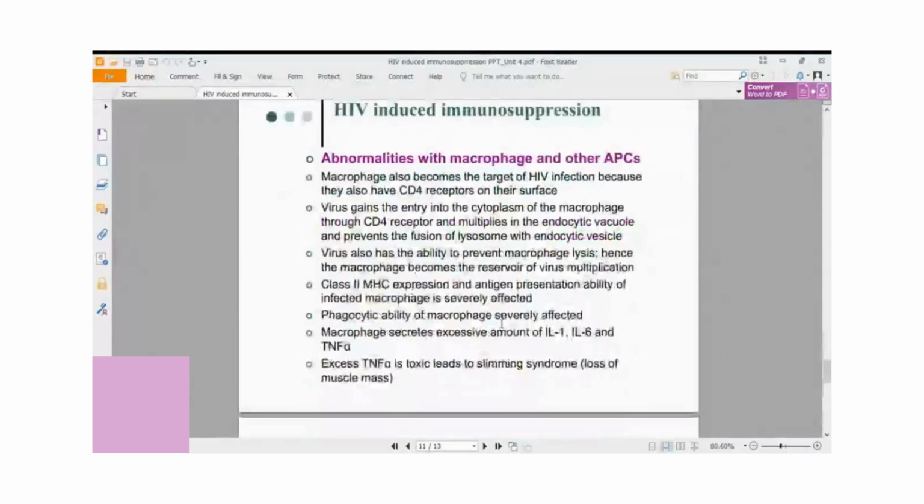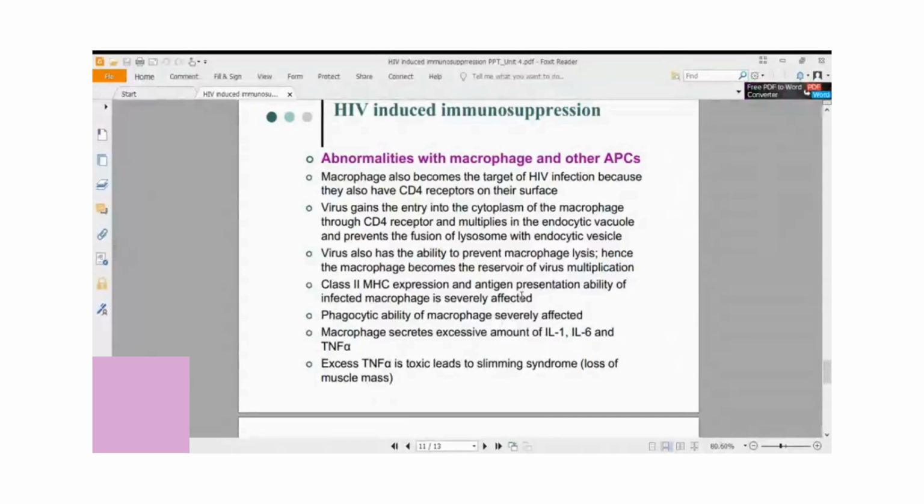But the only thing it will do is, because it has now engulfed a foreign particle, that is the antigen, that is virus, it will remain active continuously, but will not be able to do any other immune functions other than secreting cytokines like IL-1, IL-6, and TNF alpha in excess.